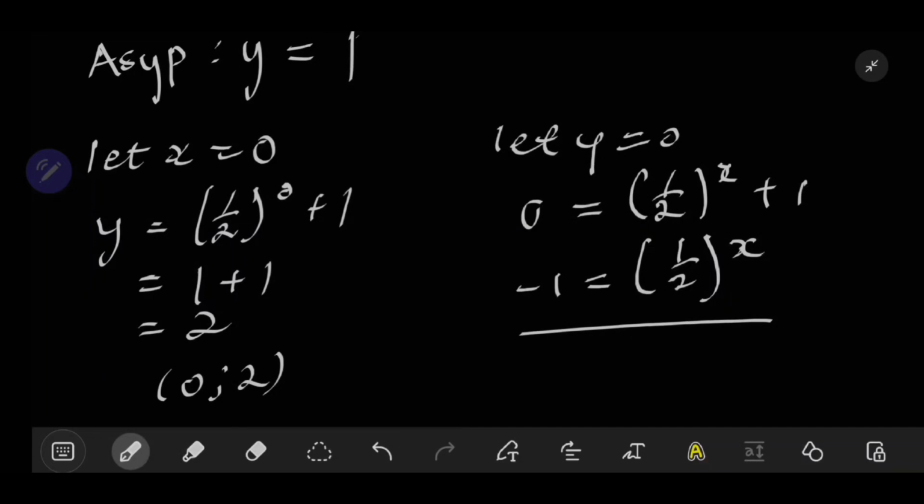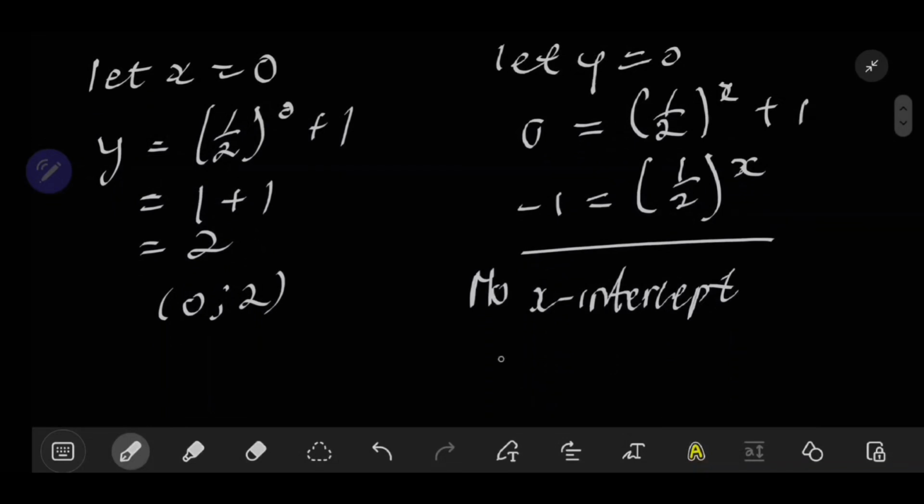So it means there is no solution, or there is no x-intercept, meaning that x is an element of real numbers.